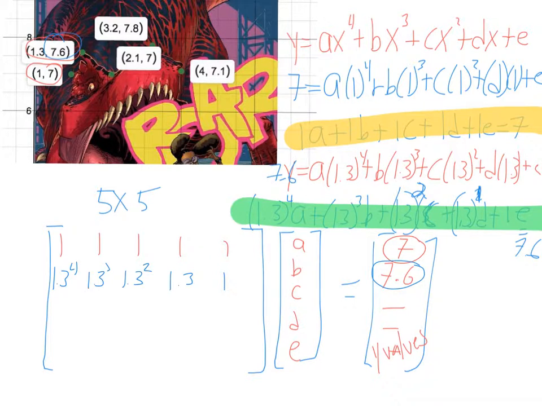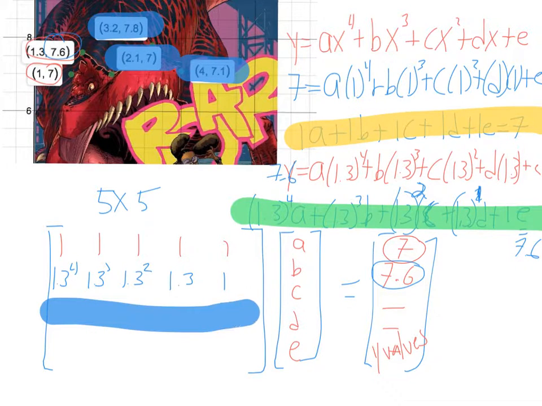You have to do the same thing for each of your other points. So we've got 1, 2, 3 other points for 1, 2, 3 other rows in my matrix.